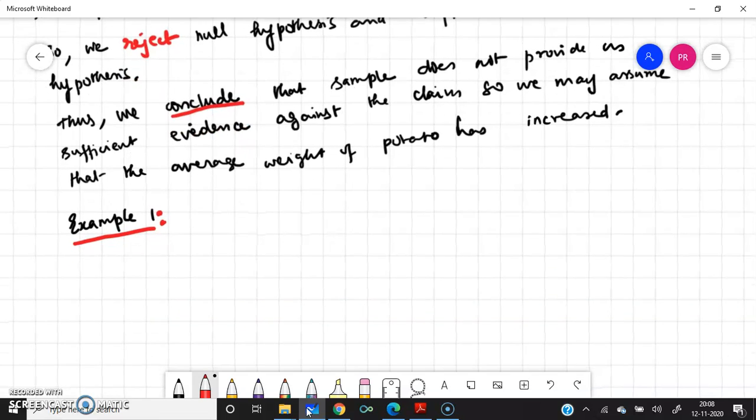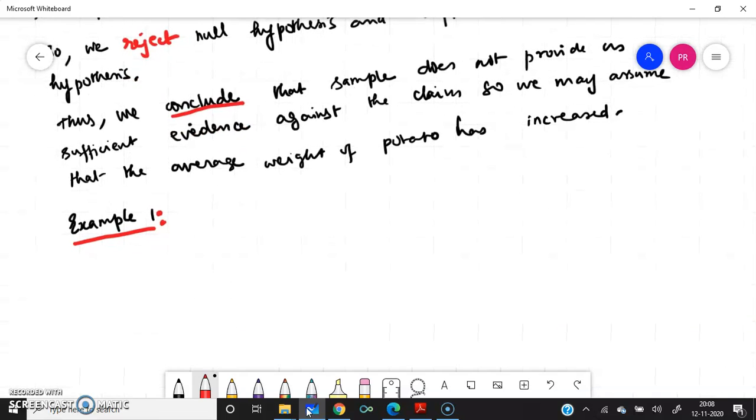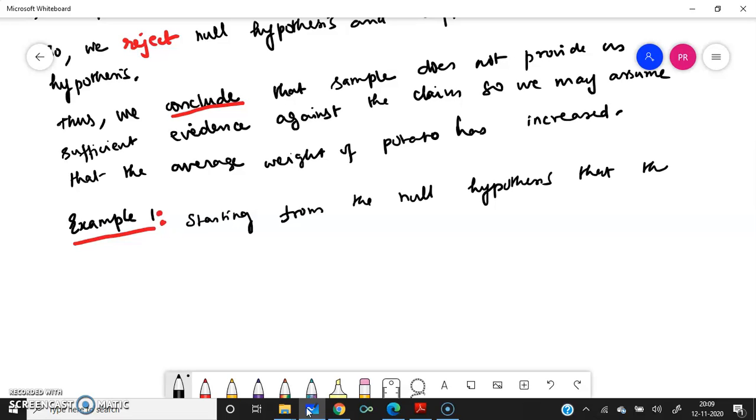Example 2, what it says, we will first write it down, starting with the null hypothesis that the sex ratio is 50:50.